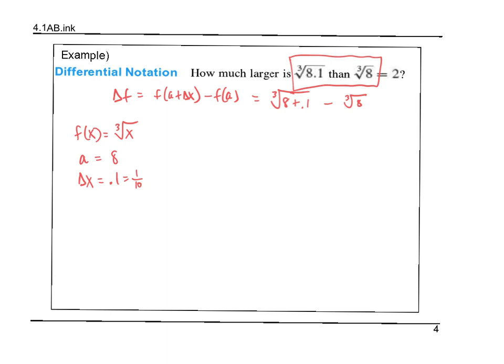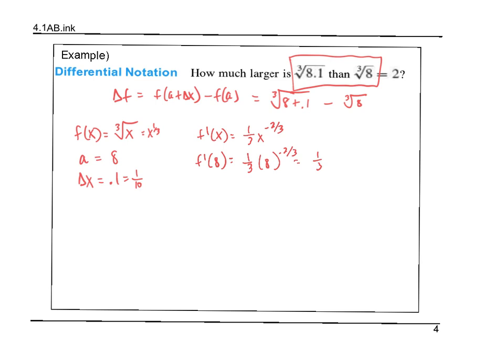Okay, so in order to do my linear approximation, I need the derivative. I'm thinking of this as x to the 1/3 when I'm deriving, so 1/3 x to the negative 2/3. And then I need to evaluate this at 8, which is 1/3.